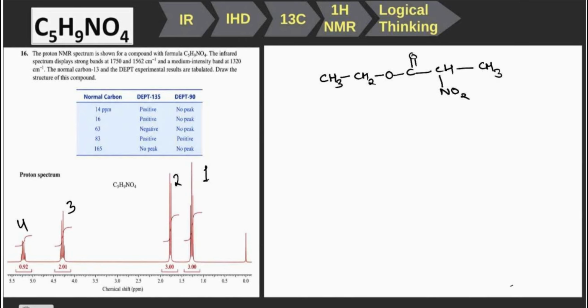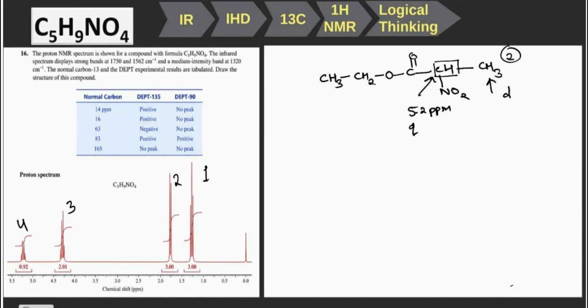Okay, so this methyl will show you a doublet because of this CH proton, and since it is close to the nitro, it can come around 1.5 ppm. Okay, so this is giving signal 2. And this CH will show you a quartet, and since the nitro group is attached, it will go beyond 5 ppm. So around 5 ppm or somewhere around 5.2 ppm.